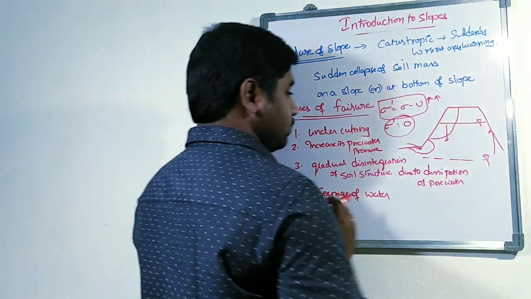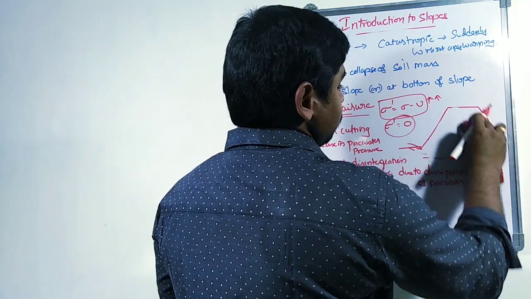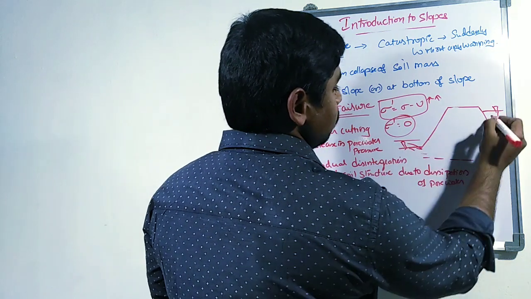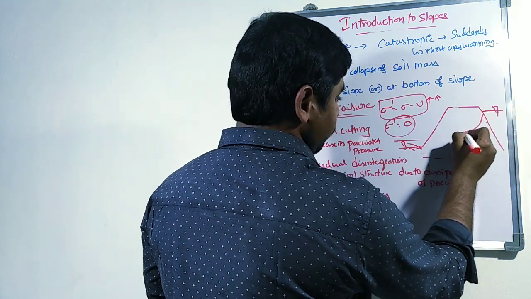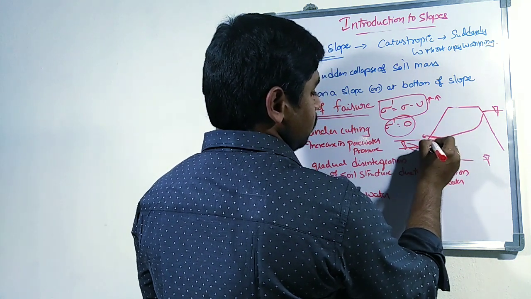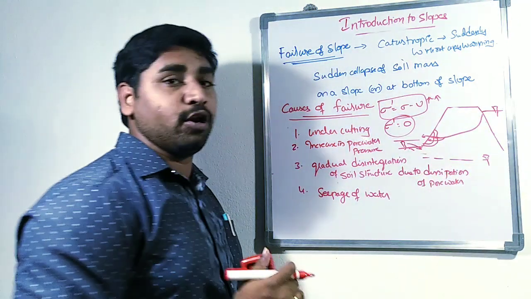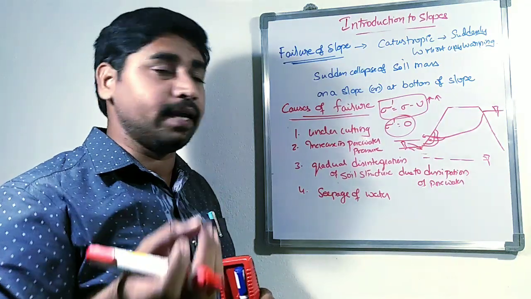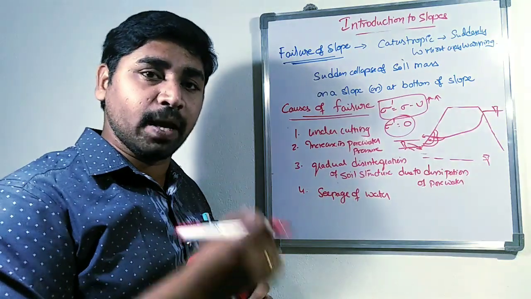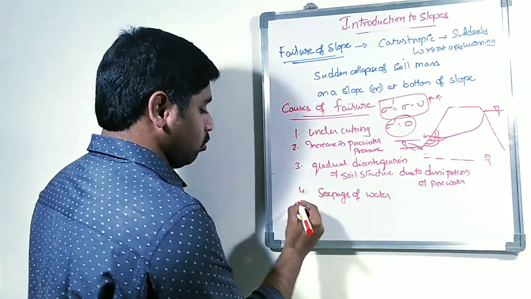So because of the seepage, if this is the upstream side and this is the downstream side, water may travel along the body of the slope, and when it is leaving this portion, the soil which was available here also gets eroded. Erosion will take place because of the seepage of water through the body of the dam or body of the embankment. So that is why failure may also occur in the slope.